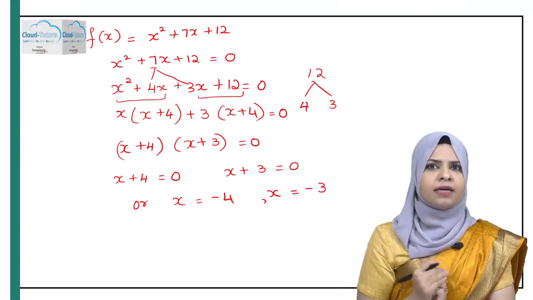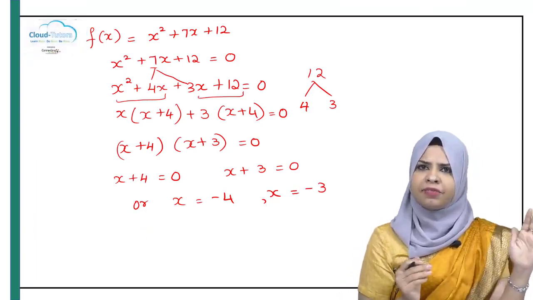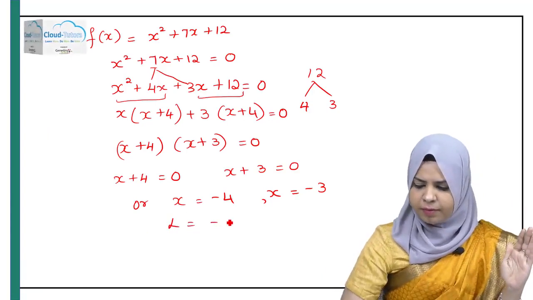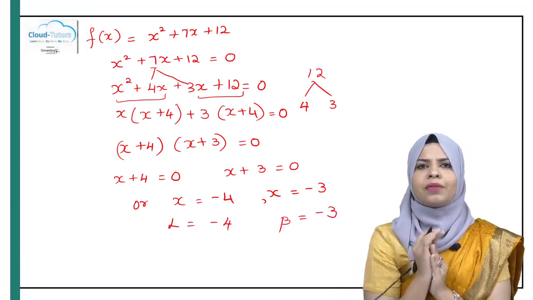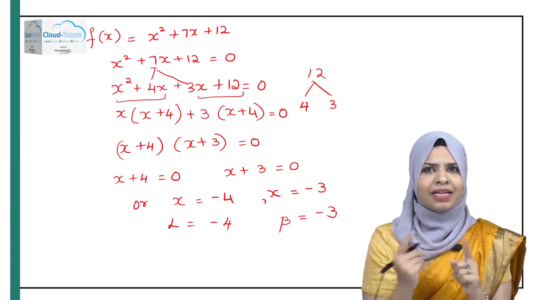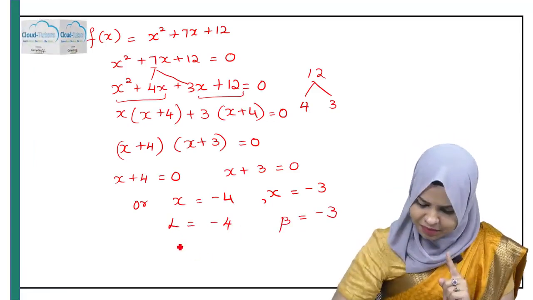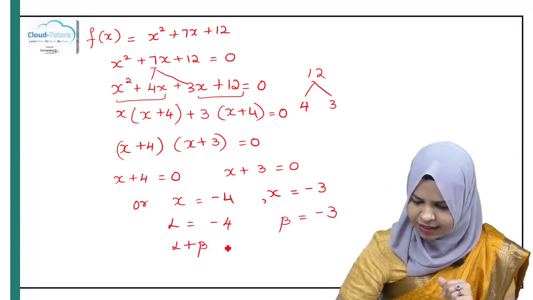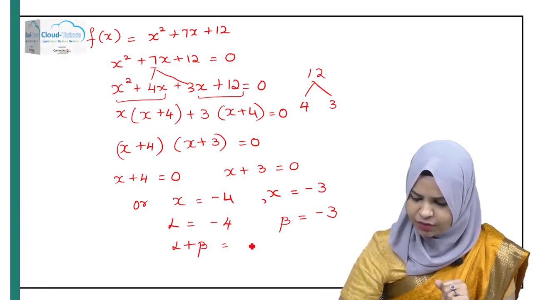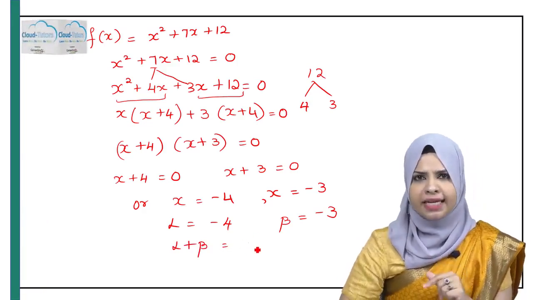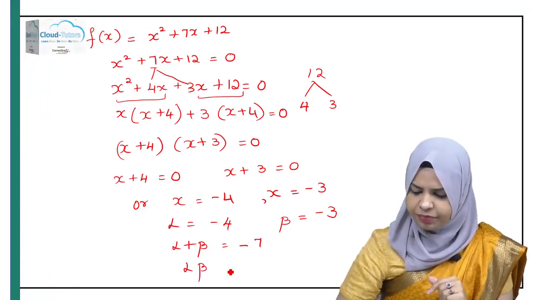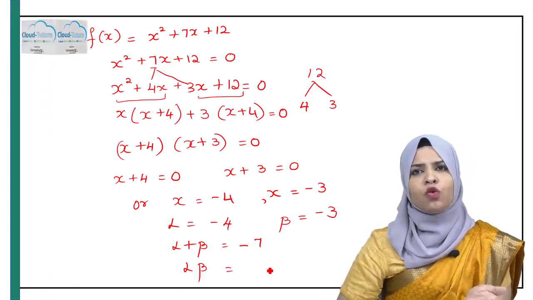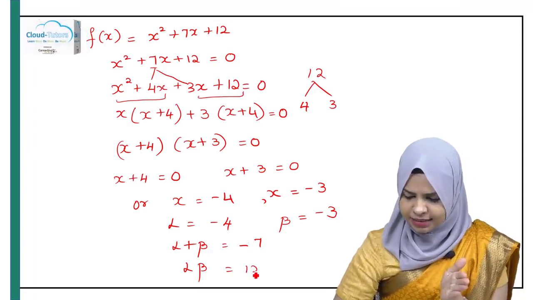See here, now comparing. So what is alpha here? Let's say minus 4, and beta is minus 3. What happens? Alpha plus beta is equal to minus 4 plus minus 3, that is minus 7, and alpha beta is equal to minus 4 into minus 3, that is plus 12.